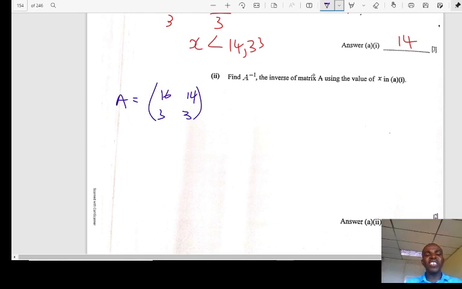Then for the inverse of matrix A, first you have to find the determinant. Determinant of A can also be written like this, which also means determinant of matrix A. So it will be the leading diagonal, which is 16 and 3.